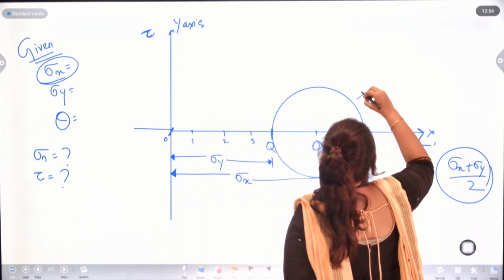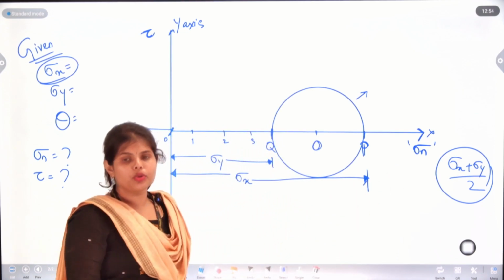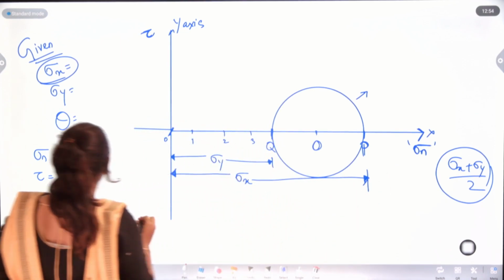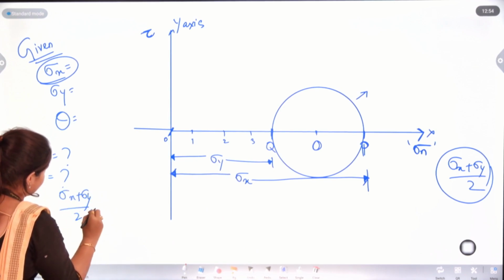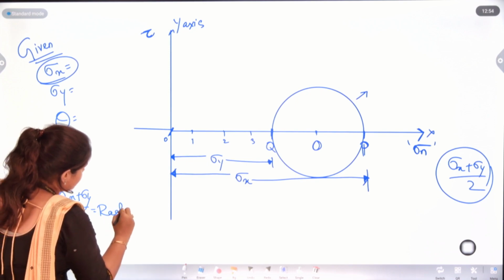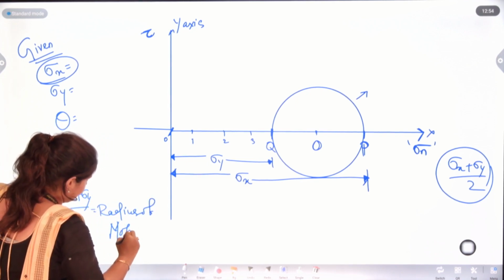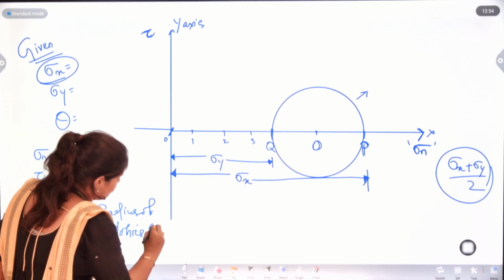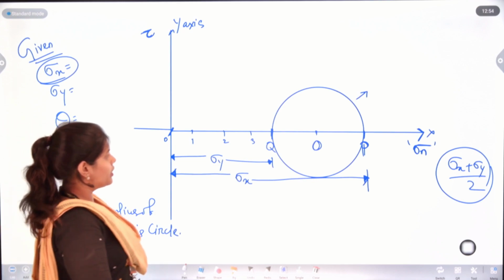This sigma x plus sigma y by 2 is nothing but the radius of the Mohr circle.